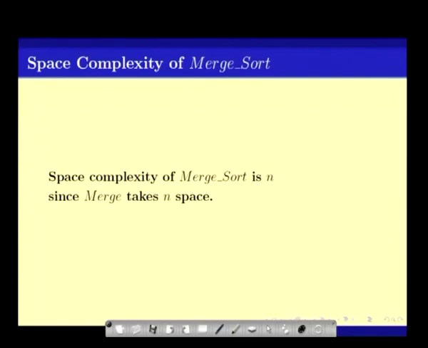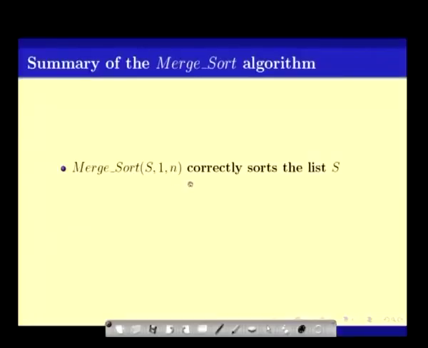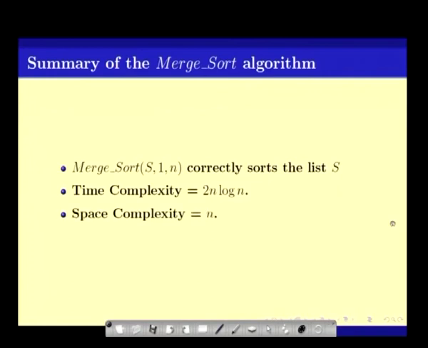So, the space complexity of this merge sort algorithm is n. To summarize, merge sort on S from 1 to n will sort the whole list. The time complexity will be twice n log n, whereas the space complexity will be n.